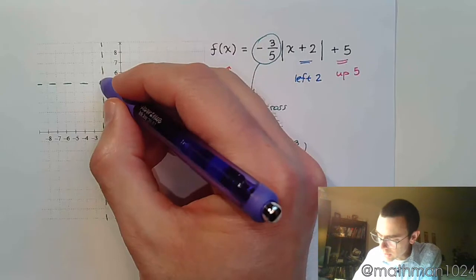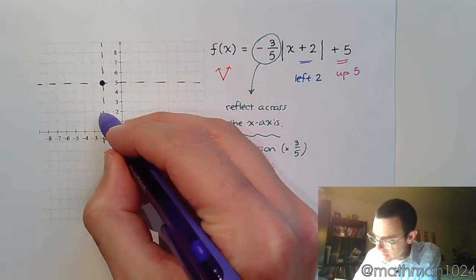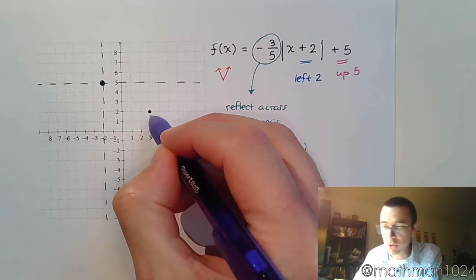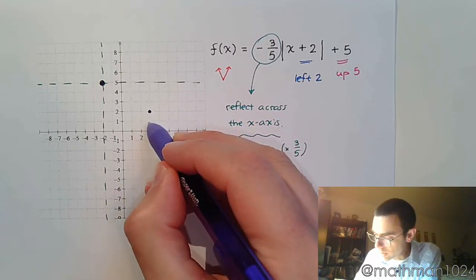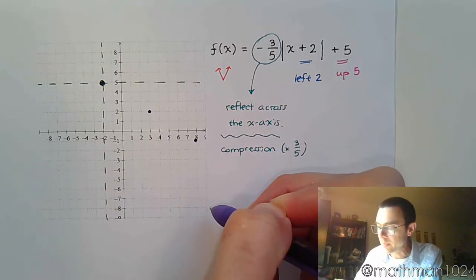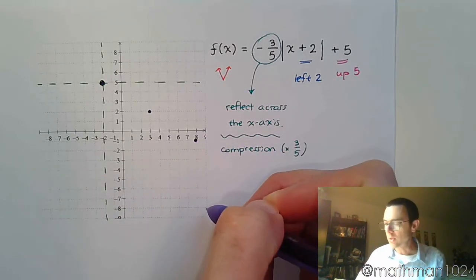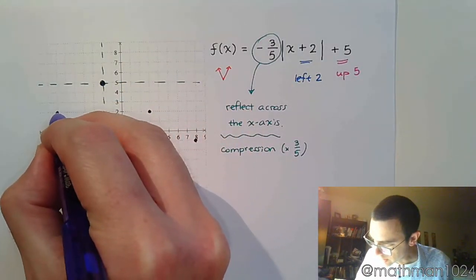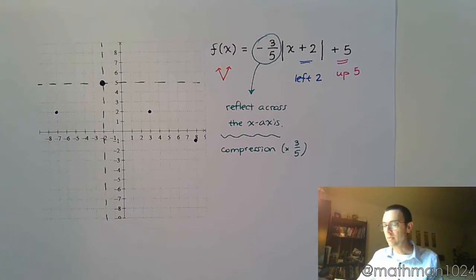So from here, that means you're going to go down 3 and over 1, 2, 3, 4, 5. And do that again. So we'd go down 1, 2, 3, and over 5, like that. And you're also going to do it on the other side. You're going to go down 3 and 1, 2, 3, 4, 5 to the left. So now we just need to connect these guys.